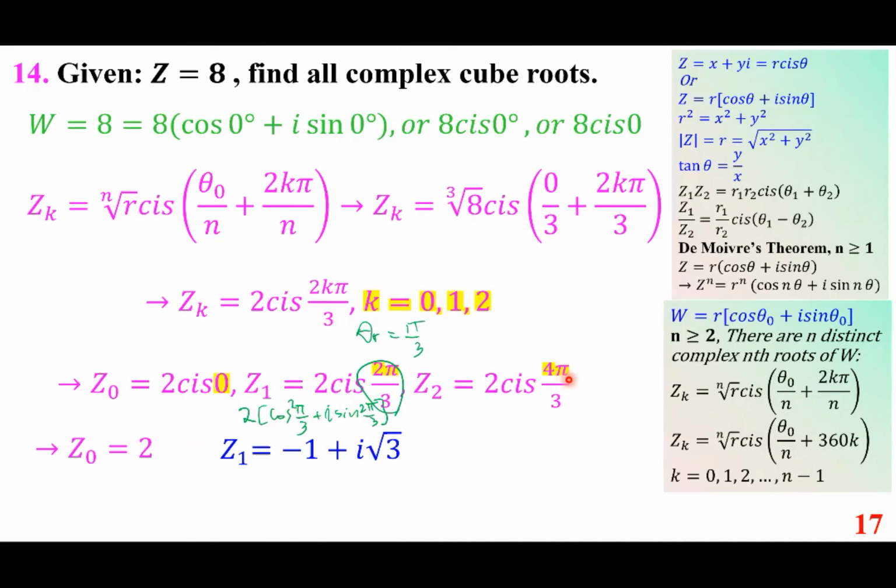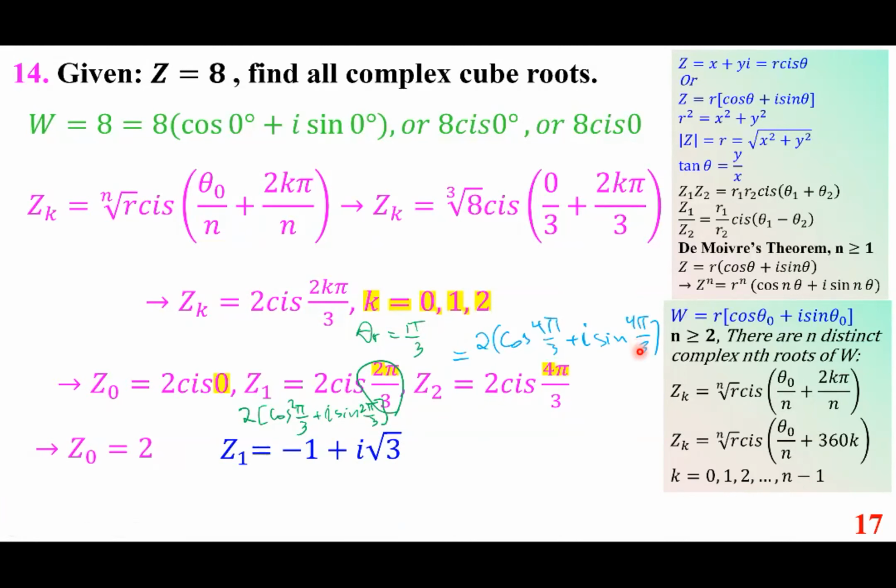4 pi over 3 has the same reference arc. So let's write it with a different color. This one is 2 cosine 4 pi over 3 plus i sine 4 pi over 3.